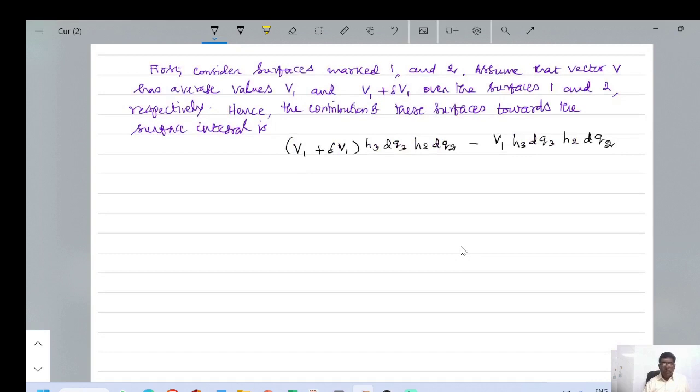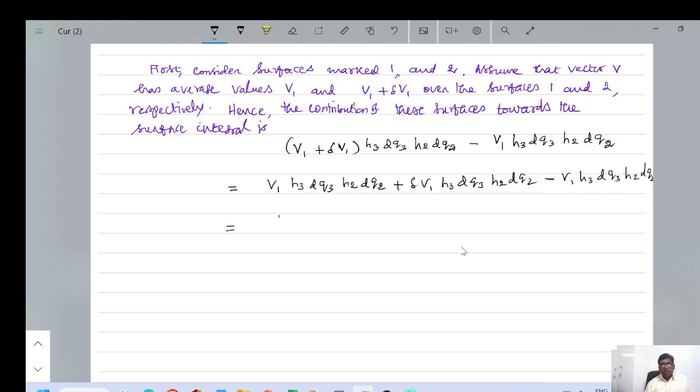Now this is equal to v1 into this quantity minus v1 into this quantity. This is v1 h3 dq3 h2 dq2 plus delta v1 h3 dq3 h2 dq2 minus v1 h3 dq3 h2 dq2.